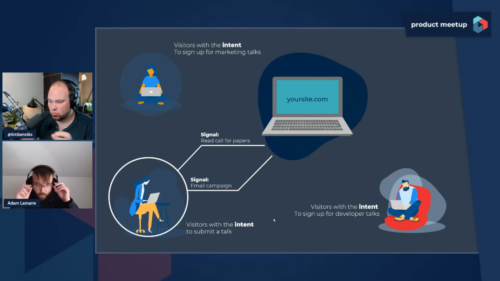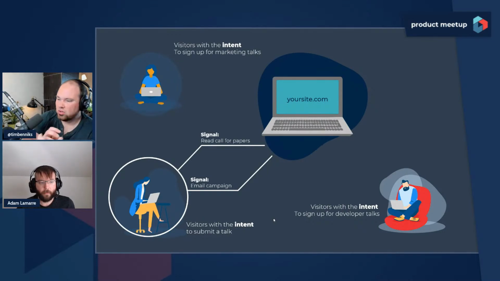In that, we have three different intents, right? You might be interested in marketing talks, you might be interested in developer talks, or you might be a speaker. We call those things intents. When we know the intent, we can start figuring out what kind of signals we can give for the system to be able to personalize for you.